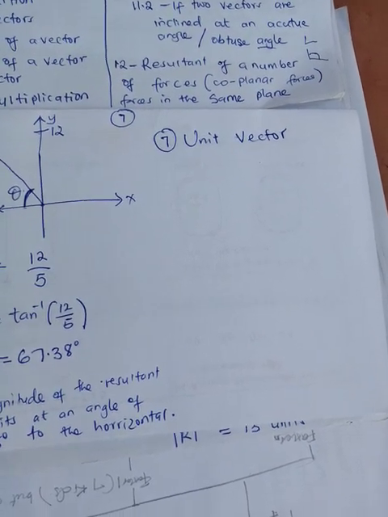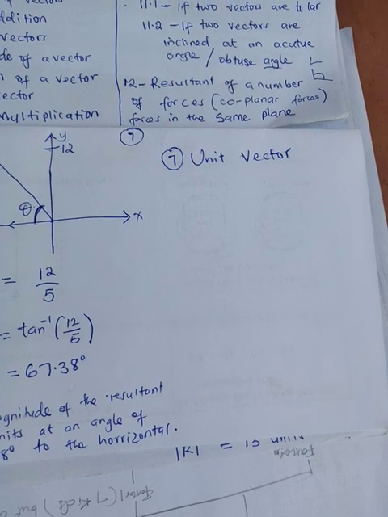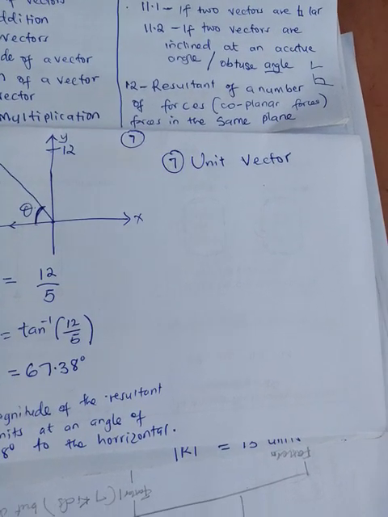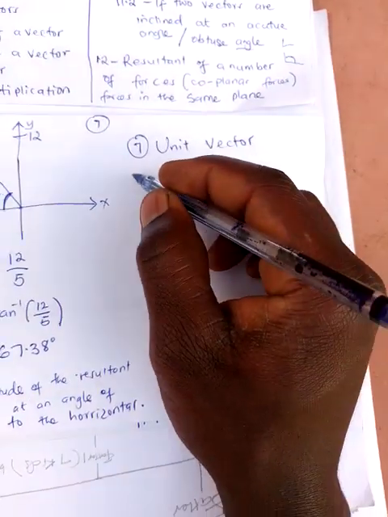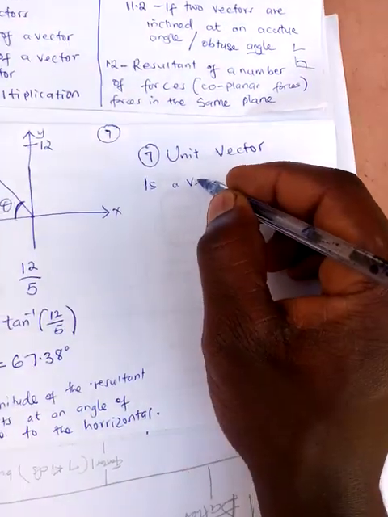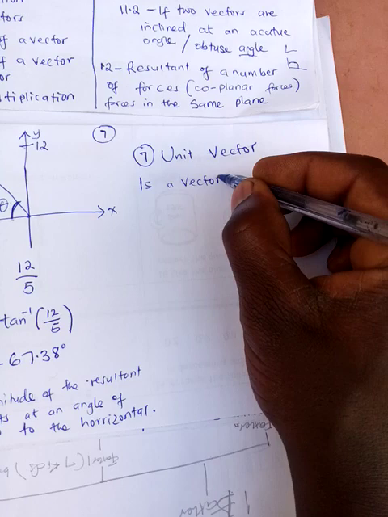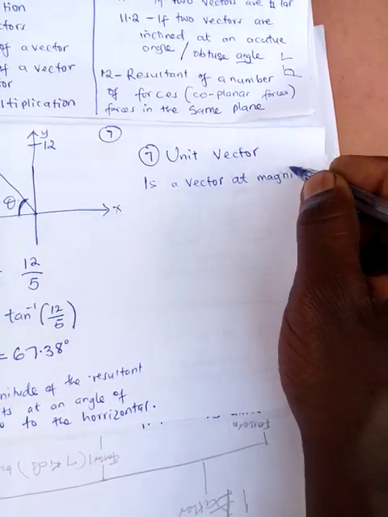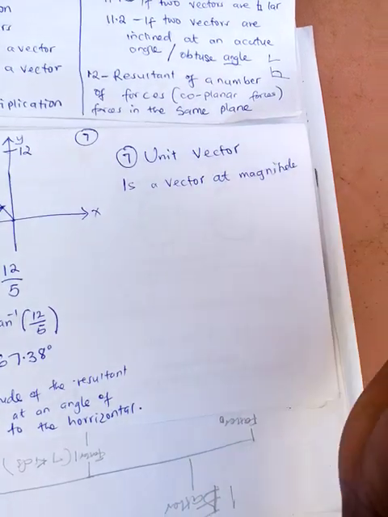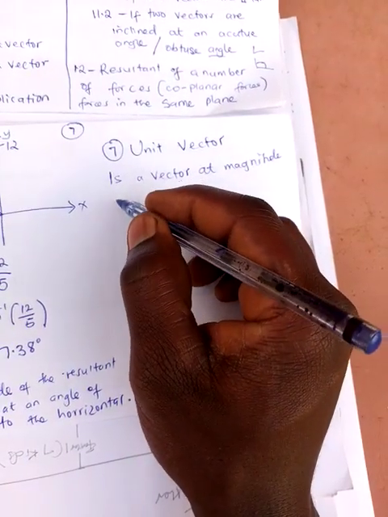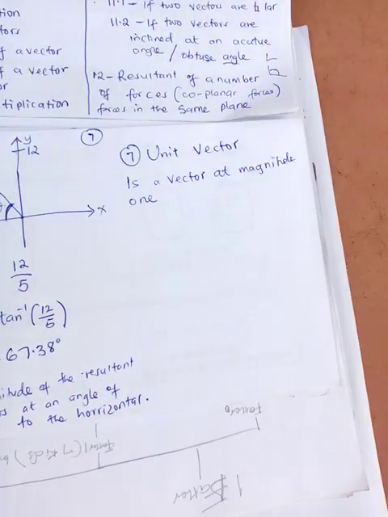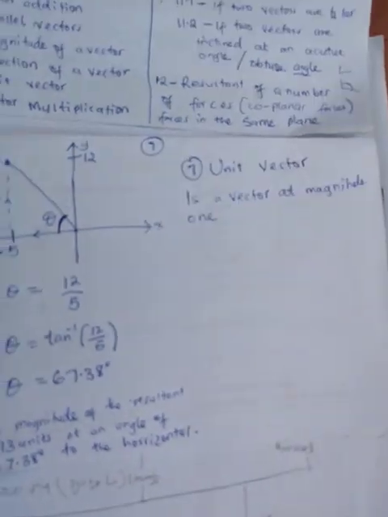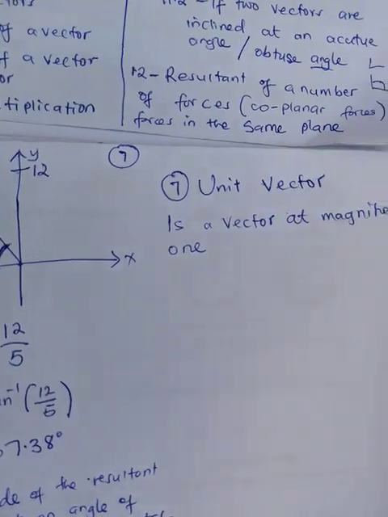A unity vector is a vector with magnitude 1. Magnitude, you know how to get the magnitude. So when you get the magnitude of a vector and you get 1, that means that is a unity vector.